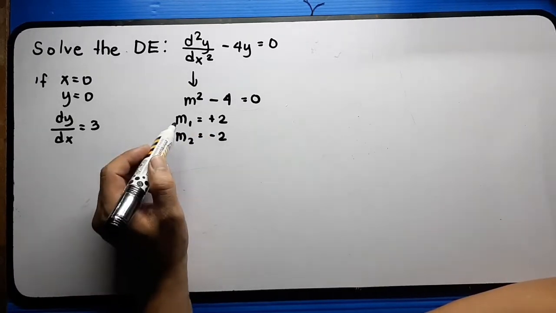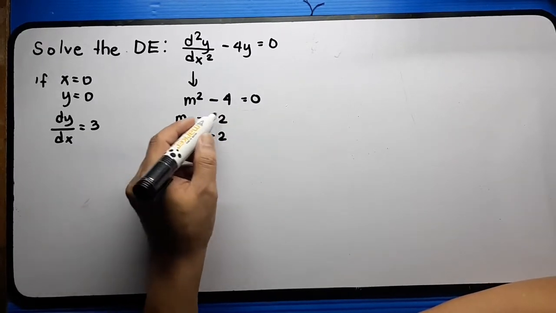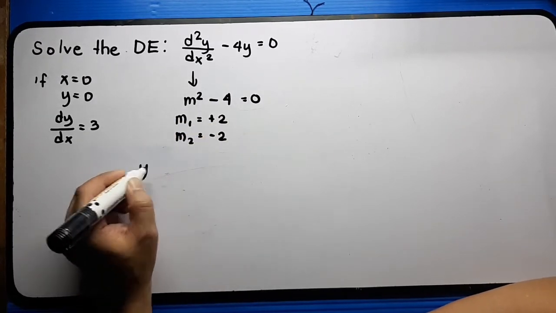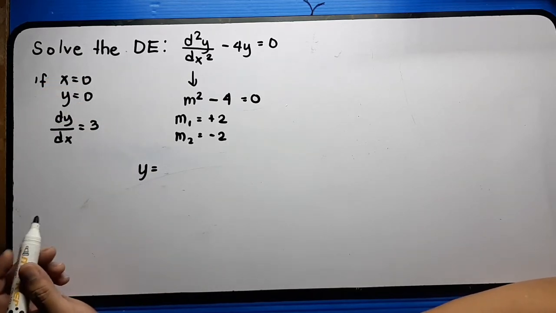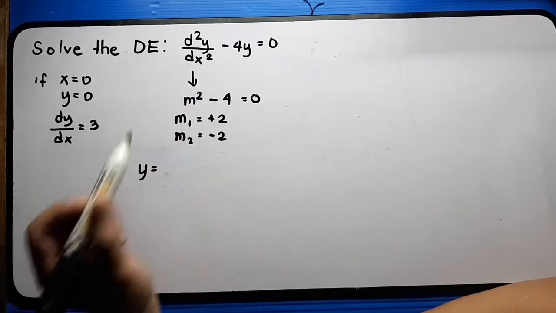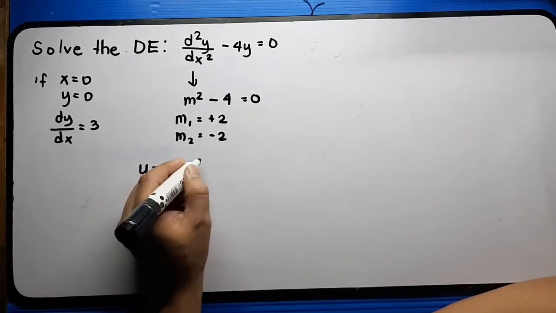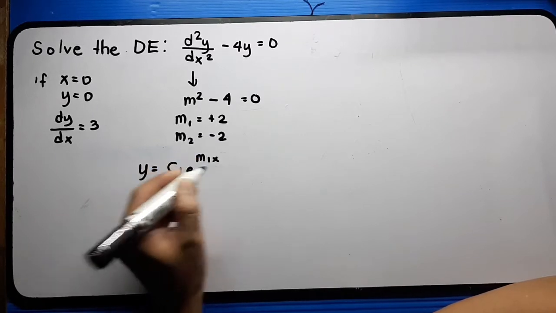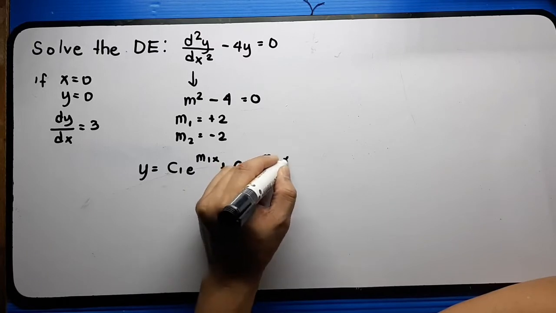Then after solving the roots of this equation, we will use this m in the general solution of the higher order differential equation. So y equals c1e to the m1x plus c2e to the m2x.